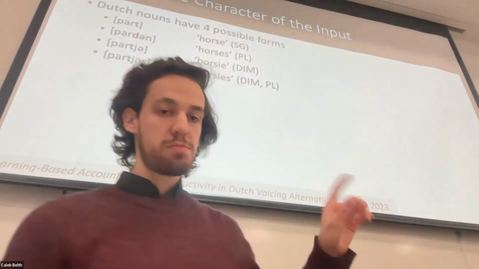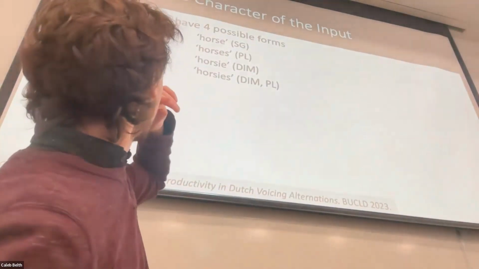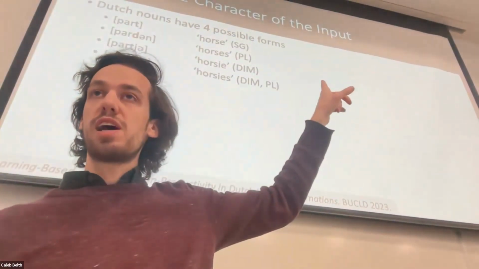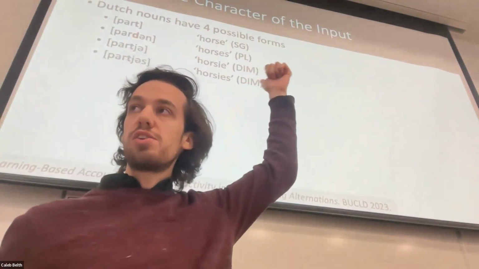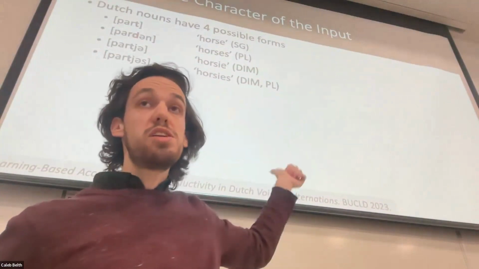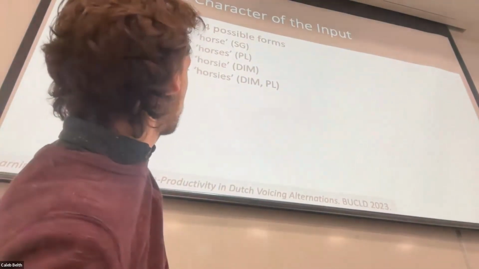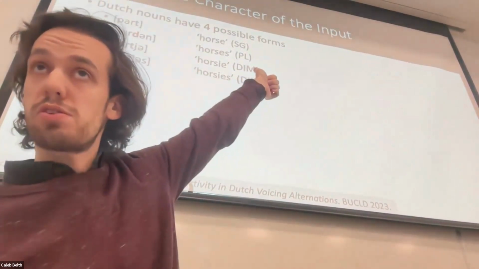All right, so some details about the Dutch input before I describe what my model does here. Dutch actually has four possible forms for nouns. There's not just a singular and a plural, but there's also the diminutive and the diminutive plural. And the alternation only shows up in the non-diminutive plural.